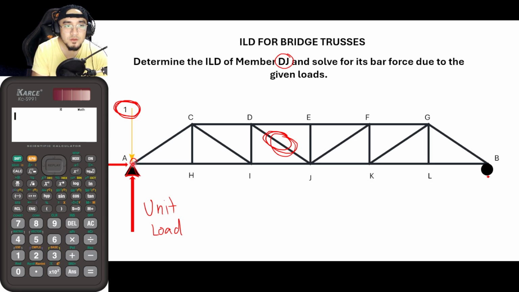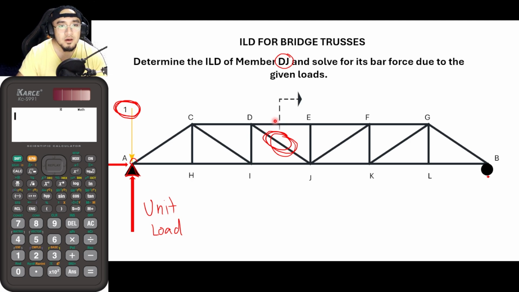Then after solving for this joint, you would be solving for this joint, this joint, this joint, and then this joint before you could reach the J. So in our lecture for today, I will say that before watching this video, please master method of sections first in order for us to get an efficient solution for the flow.